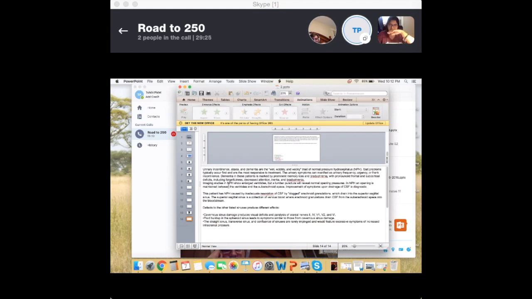Obviously, it's clear that the patient has normal pressure hydrocephalus, NPH. This patient's condition is caused by inadequate resorption of CSF by clogged arachnoid granulations, which drain into the superior sagittal sinus. And the superior sagittal sinus is a collection of venous blood where the arachnoid granulations drain CSF from the subarachnoid space into the bloodstream. So it occurs via that.